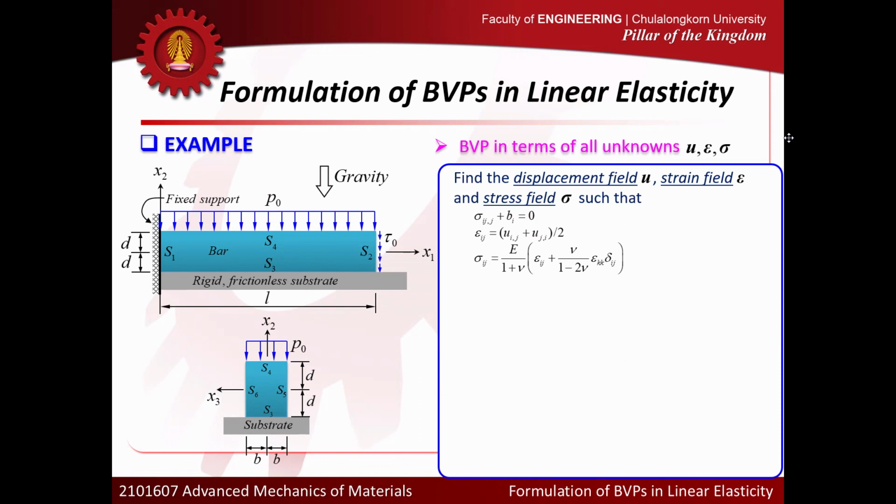If you write down the equation in terms of those two constants, you have to express those two in terms of E and Poisson ratio. Okay? Make sure that you are specific to the information that is given a priori. Okay? So here, I want to find the displacement, strain, and stress, satisfying all field equations like this.